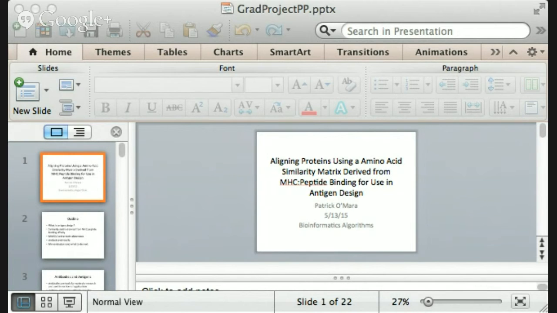I also wanted to see if there are any other ways we can measure whether an alignment is better for antigen design or not. And also, we looked at charged amino acids, but is there a way to factor in other amino acid properties such as hydrophobicity or size as a parameter?